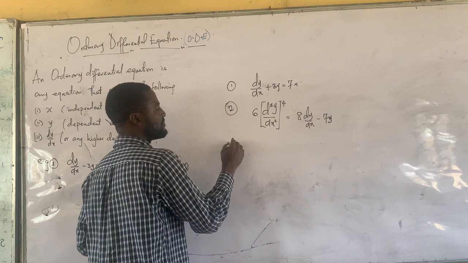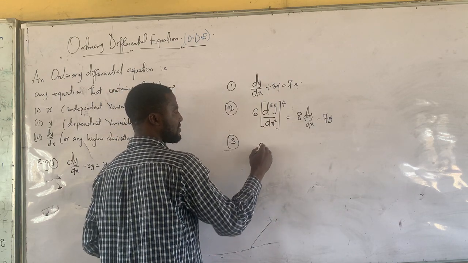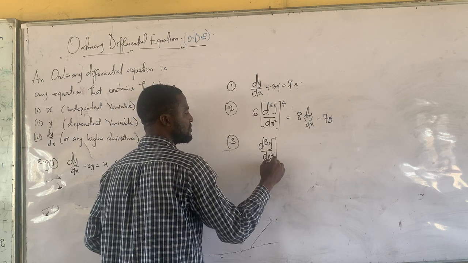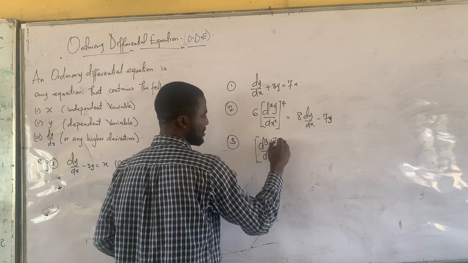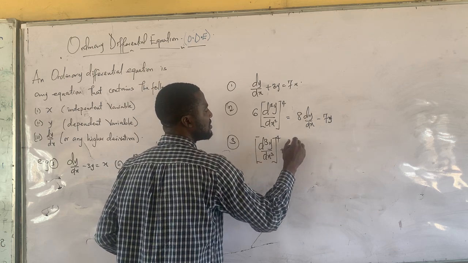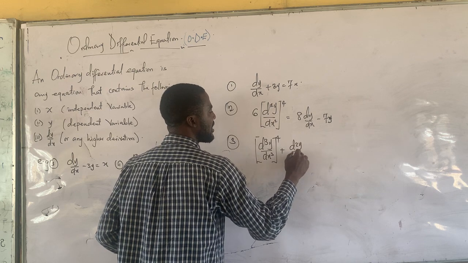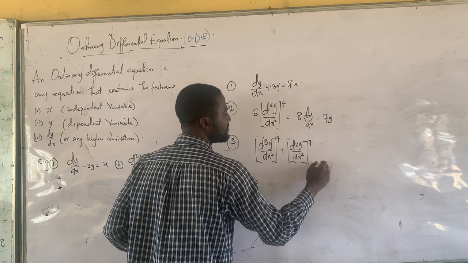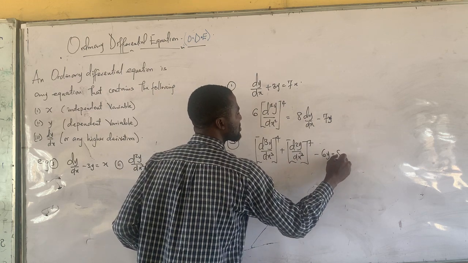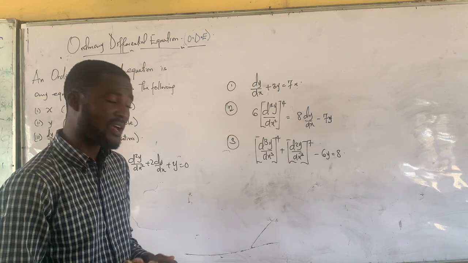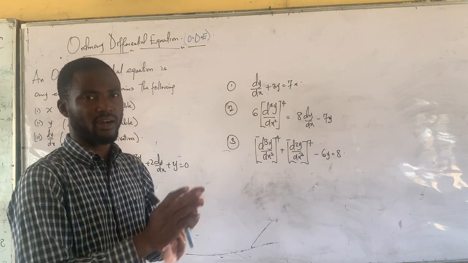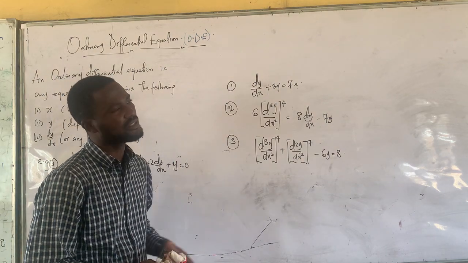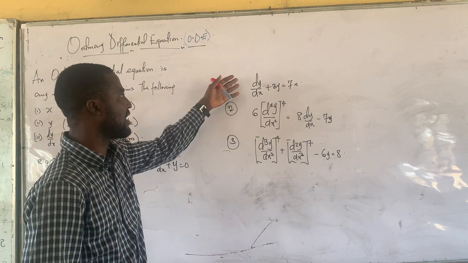And number three, let's say we have d³y/dx³ raised to power 4, plus d²y/dx² raised to power 7, minus 6y equals 8. Now, all these three are ordinary differential equations. We all know that. Now, the question is, how do we identify the order?